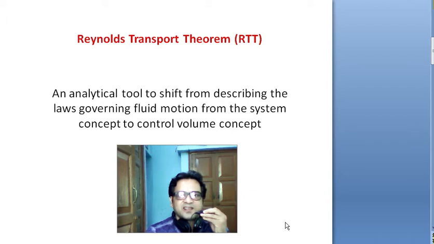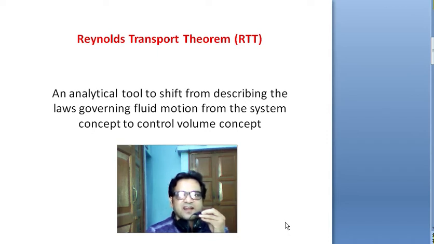Generally in fluid mechanics, we prefer the control volume approach compared to a system approach. That is why all these physical laws have to be rewritten for a control volume. For example, F = ma is Newton's second law, and this equation is valid for a system.